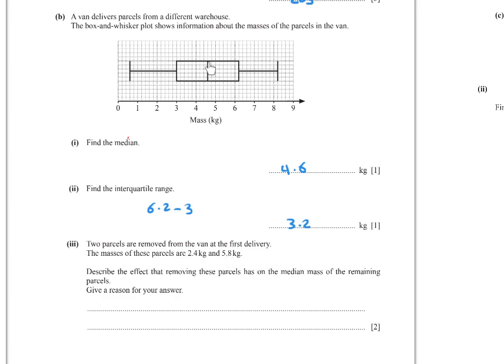Look, the median is the middle value. If we remove 1 before the median and 1 after the median, this value is still at the middle. So no change for the median.